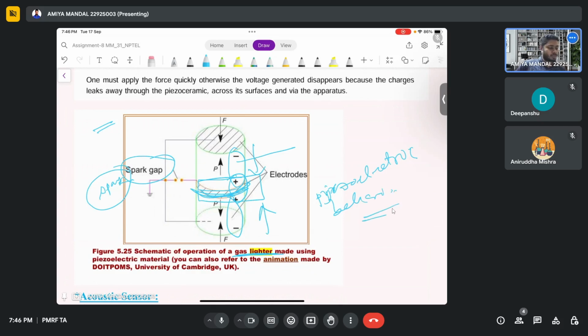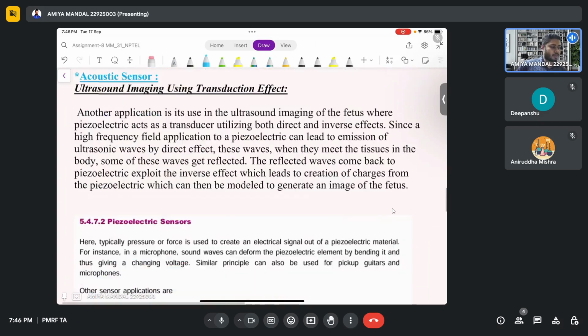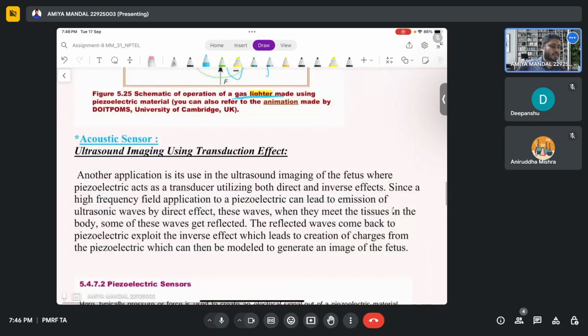Okay. Then how piezoelectric sensors work: this is ultrasonic imaging, also acoustic imaging. You send an acoustic or ultrasonic wave to an object, it gets reflected back, and the detector detects the reflection, so we can find observations or the position of the object by detecting this ultrasound.